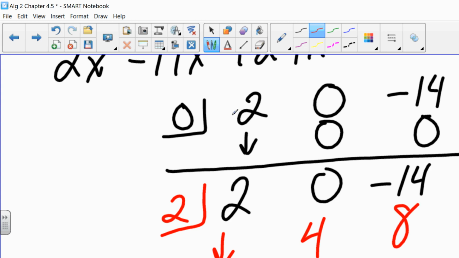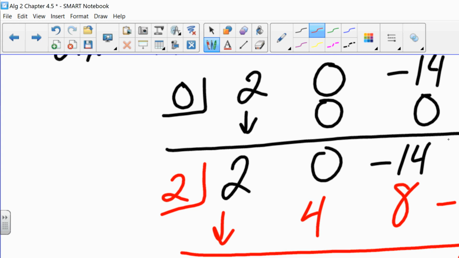Negative 14 plus 8 is negative 6. 2 times negative 6 is negative 12. 0 plus negative 12 is negative 12. And 2 times negative 12 would be negative 24. And 24 plus negative 24 is 0.